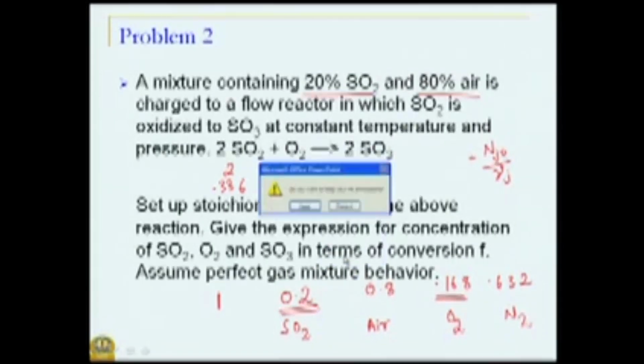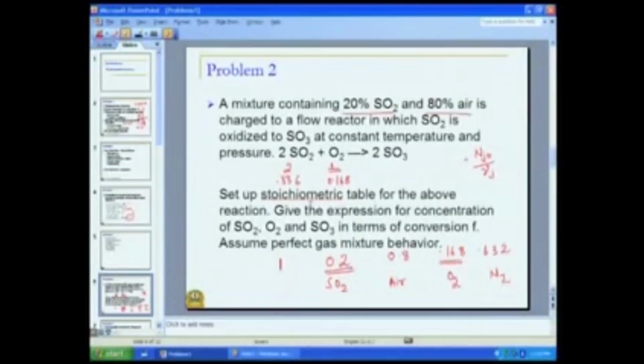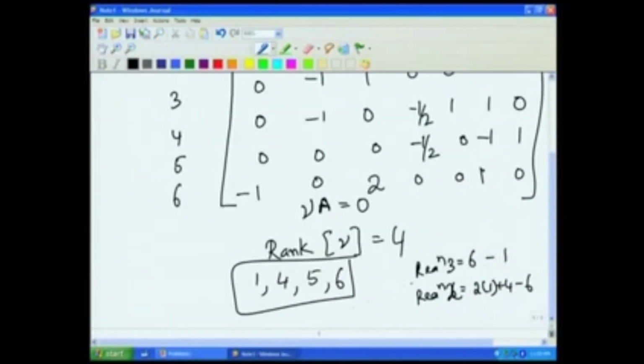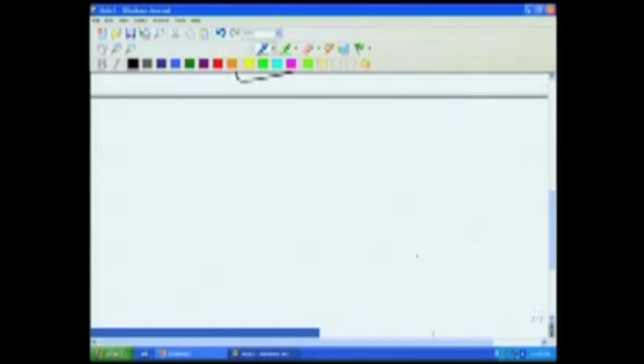So, let us try to do that by setting up this stoichiometric table, and by recognizing that this is my reaction.